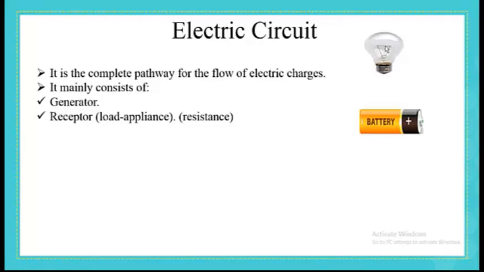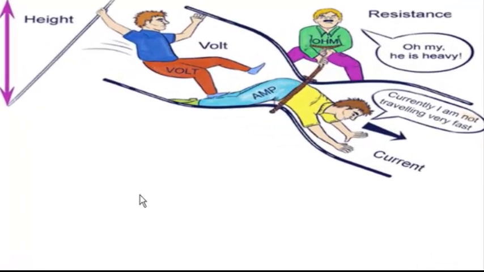Let's have a look at this picture. Here we have Mr. Volt, who is pushing Mr. Amp. And Mr. Amp is unable to travel so fast. And who is behind this? Yes, it's obvious. This is because of Mr. Ohm.